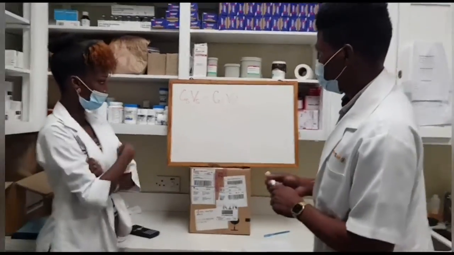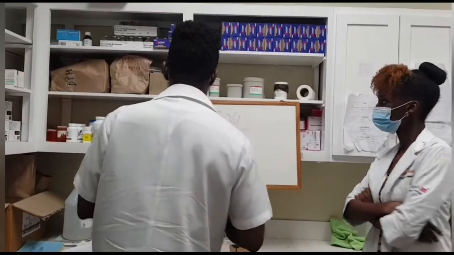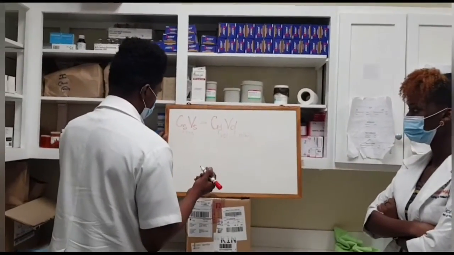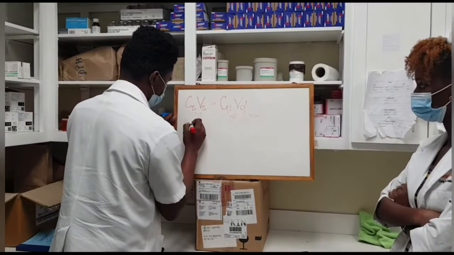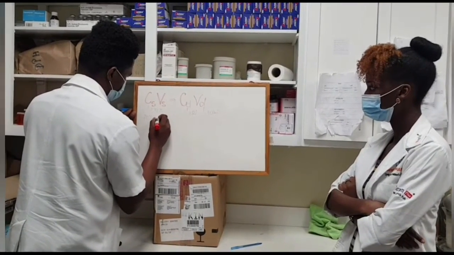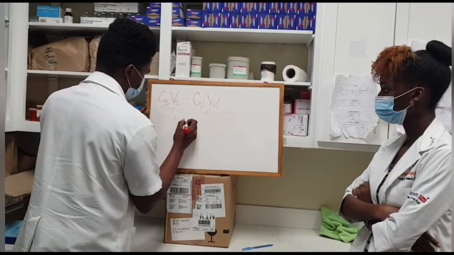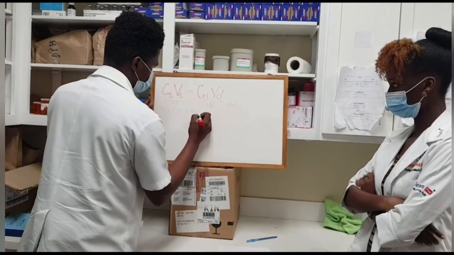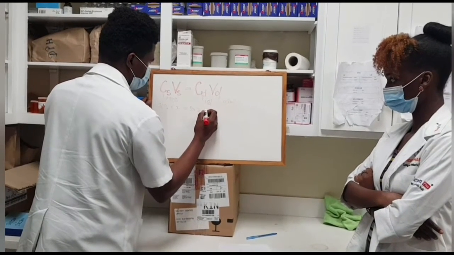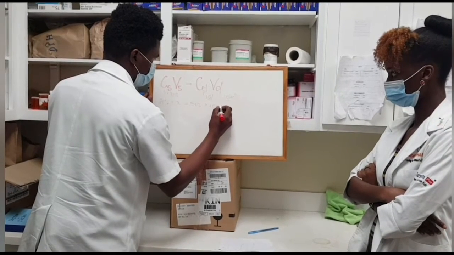Alright, so the stock concentration we have is 70%, you said, right? And the volume is what we're trying to find, which is X. And the final dilution that we want is 50%. And the final total volume is 100 mLs.